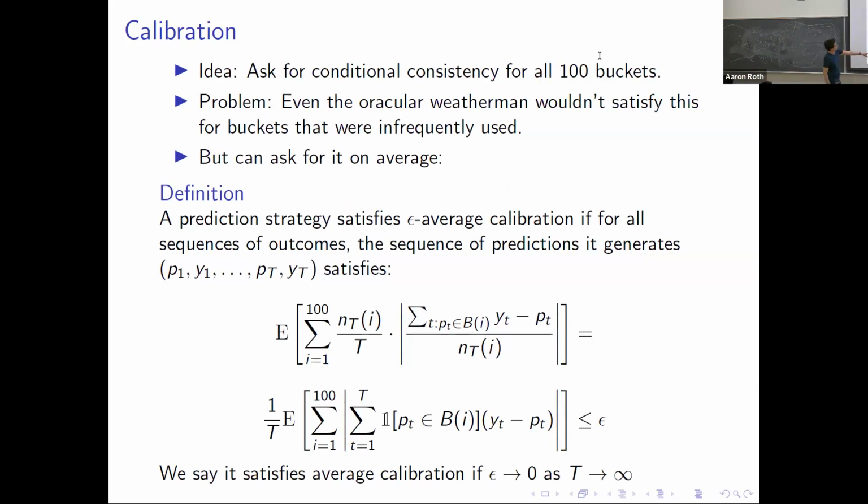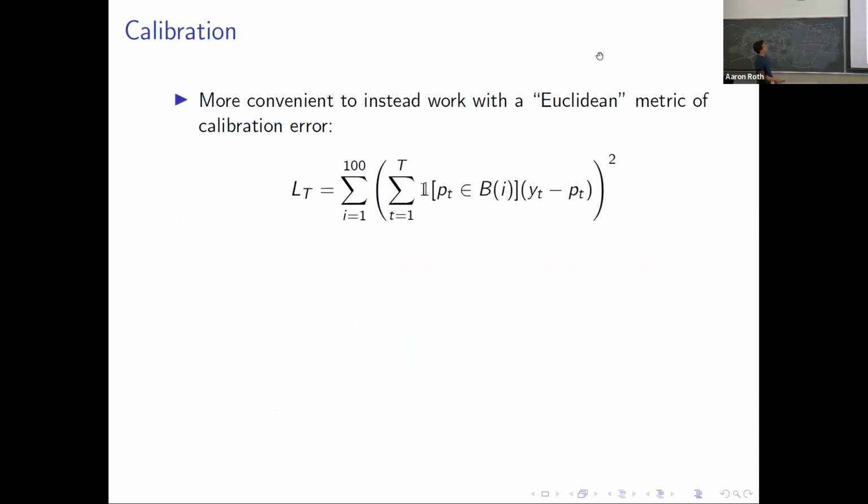Just to remind ourselves of what this metric is, the thing we actually have to pass: we're summing up over all of the 100 buckets the absolute value of the sum over all of the days for which we made a prediction in bucket i of our bias on that subset of days, the difference between our prediction and the outcome. The more Euclidean looking version of this just replaces the absolute value with the square. So we're summing up over the 100 buckets the sum over all of the days for which we made a prediction in bucket i of the difference between the outcome and our prediction, but rather than taking the absolute value, we're squaring it, which has kind of similar properties.